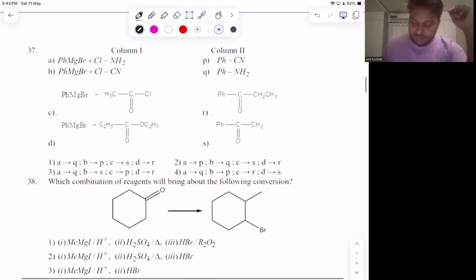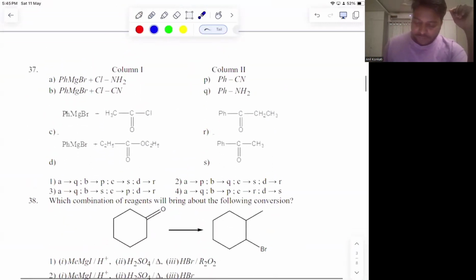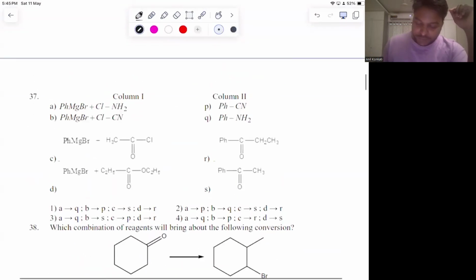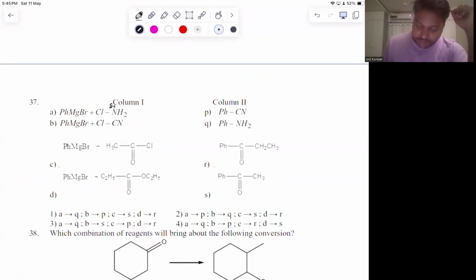Check out 37. Here, nitrogen will have delta positive, chlorine will have delta negative. Okay. So phenyl will attack here, removing the chlorine. Attacks here, removing this chlorine.